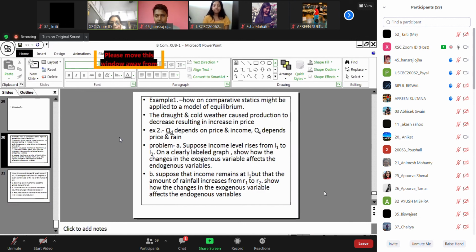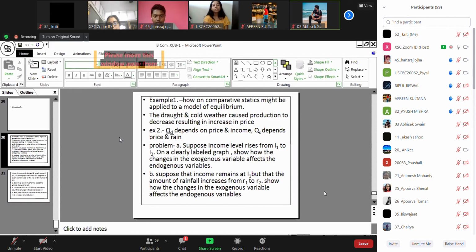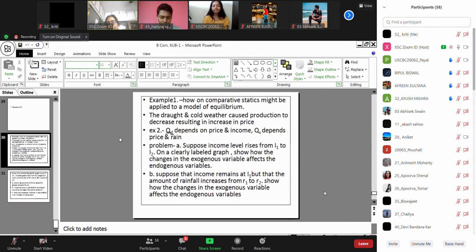Abhishek, showing. Yes, ma'am. Have you drawn the diagram? Ayush. Ayush Mishra. Show it to me. No, you are not visible to me.